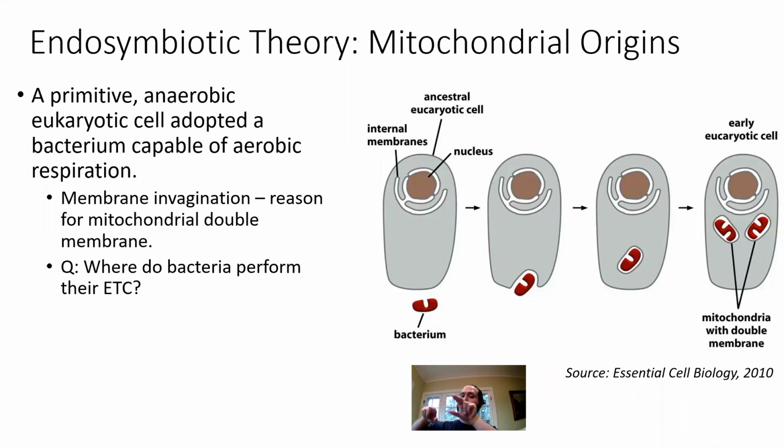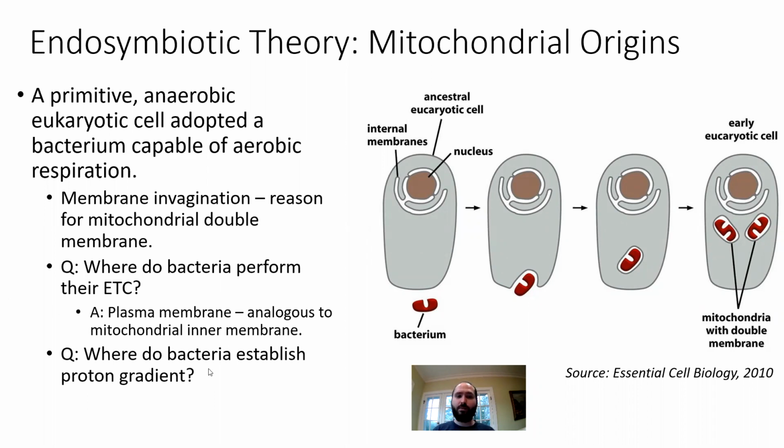So their complexes, which are similar to ours because we got our mitochondria from them, are actually on the plasma membrane. And they will actually pump protons where? Where do they establish the proton gradient? Outside.